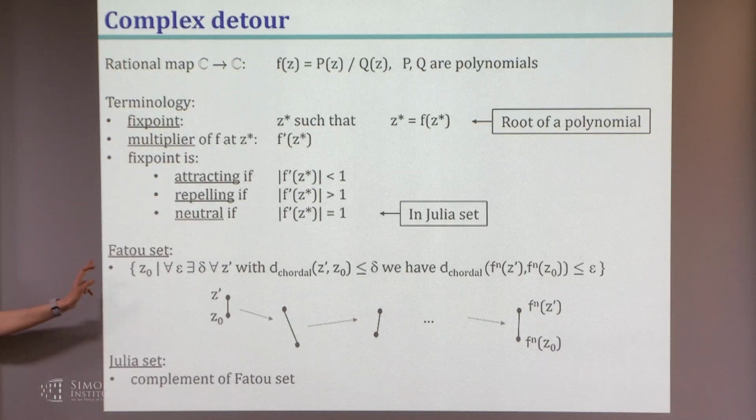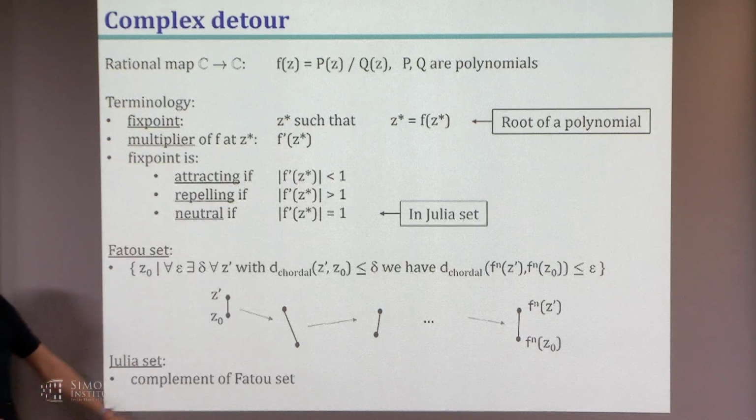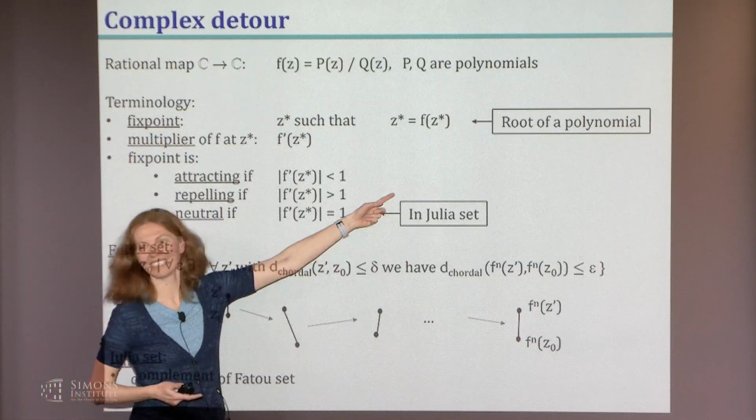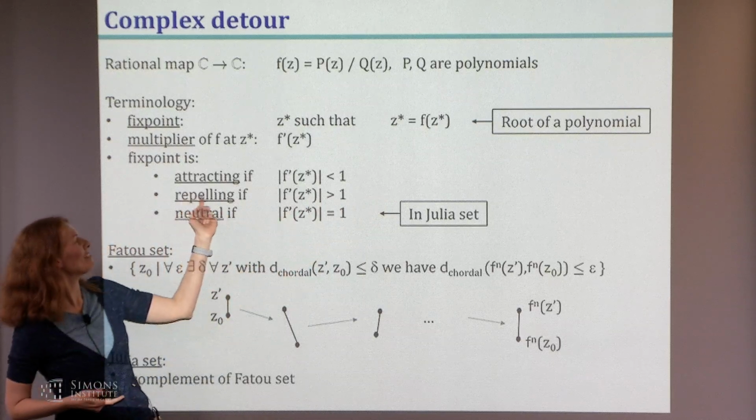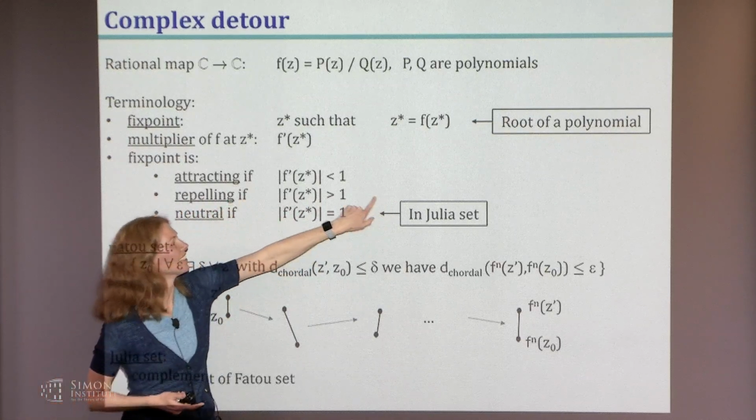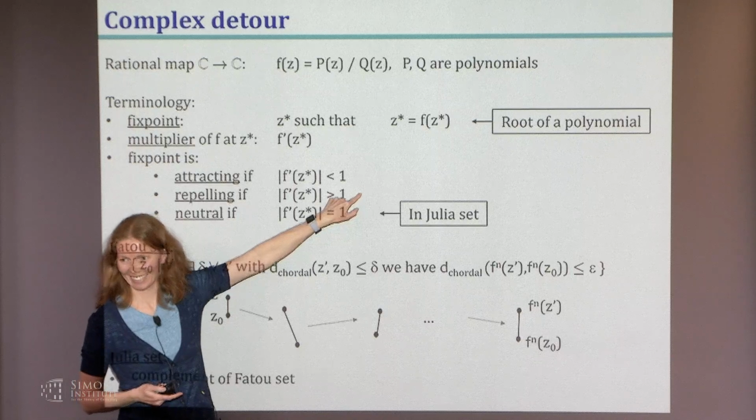But the thing that we are really interested in is the complement of the Fatou set, the so-called Julia set. The repelling fixed points are in the Julia set. Okay?